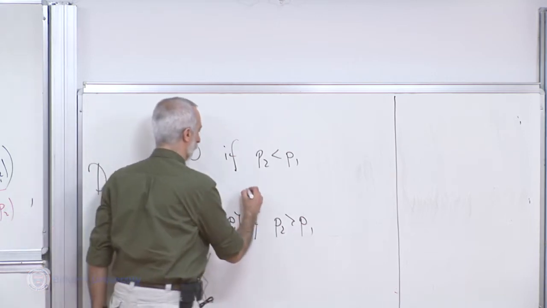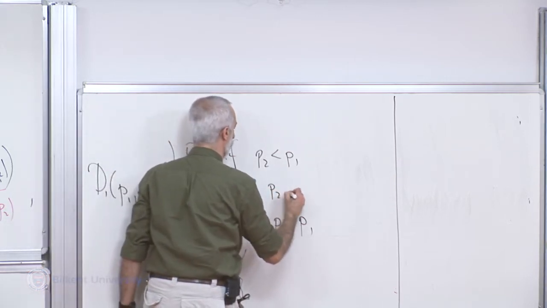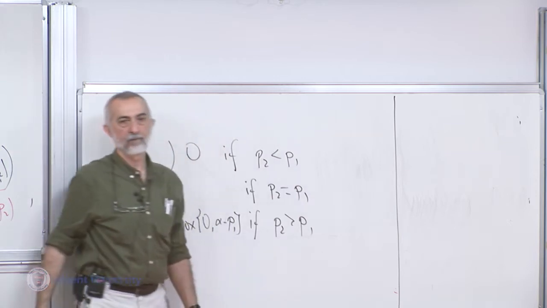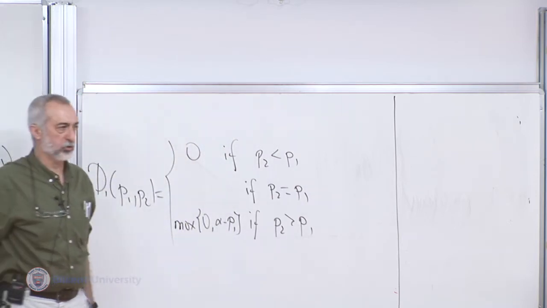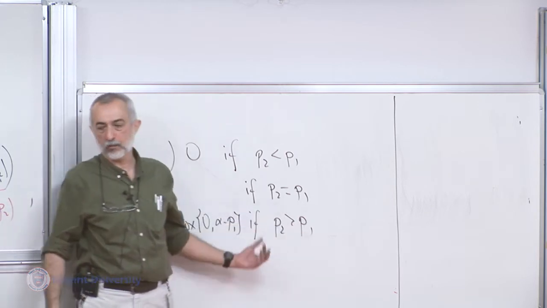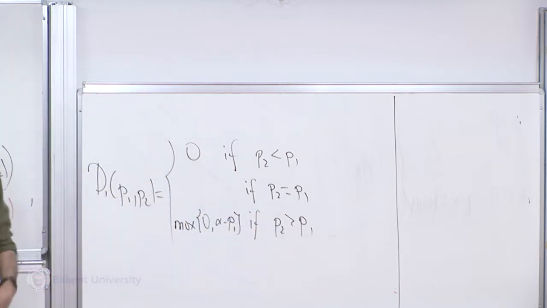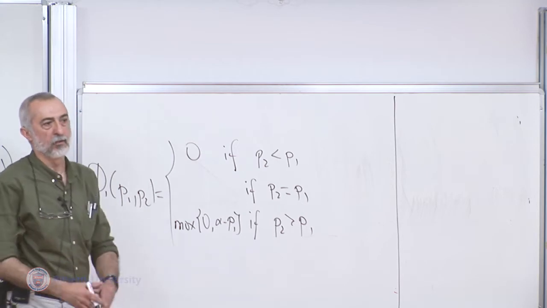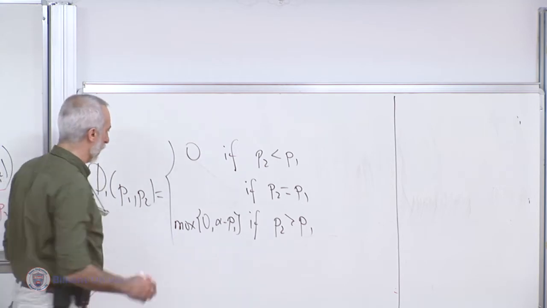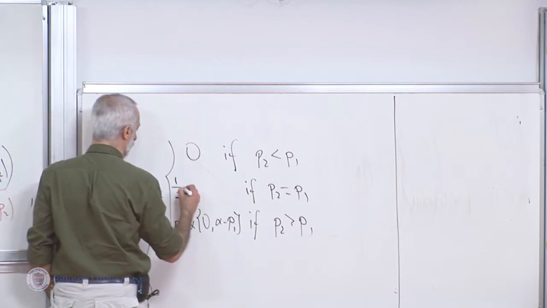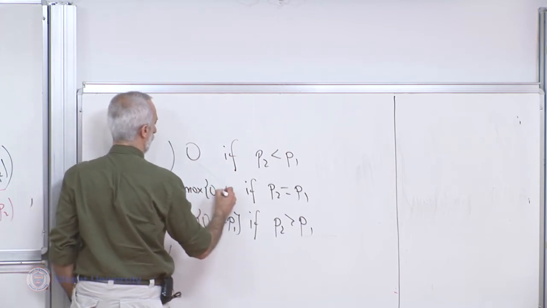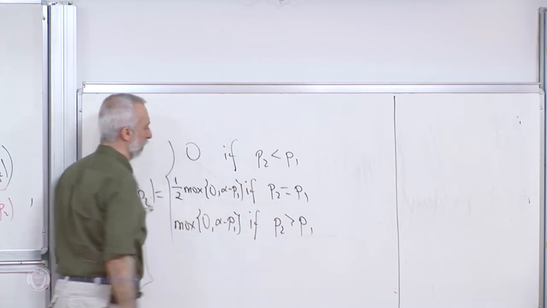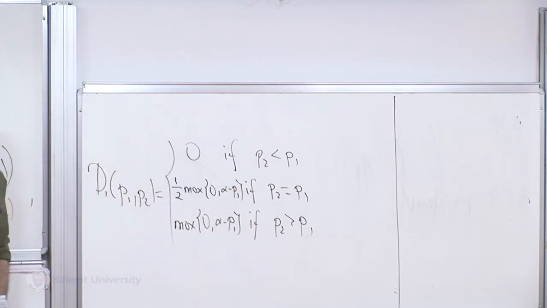And then if p_2 is equal to p_1, then they're going to share the demand. Some percentage will go to firm 1, some will go to firm 2. Let's simplify things and assume that they get equal shares. Again, equality is not important, it just makes life easier. So alpha times this maximum. Okay? So that's what we have.